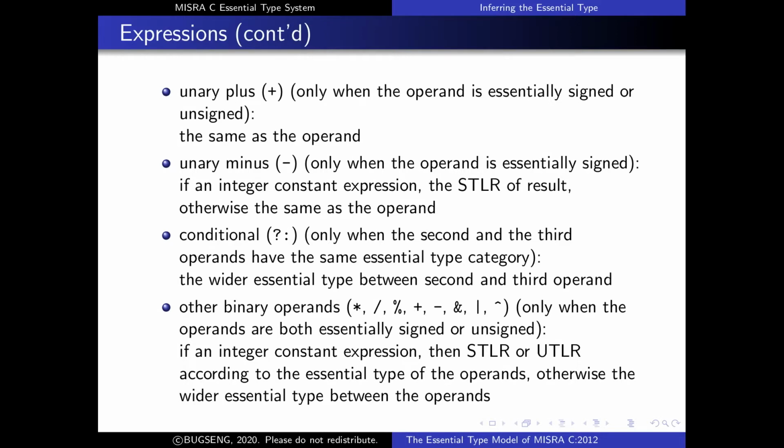For the conditional operator, the requirement is that the second and the third operands have the same essential type category, and then the essential type category of the result is the wider essential type between the second and the third argument. For the other binary operators, only when the operands are both essentially signed or unsigned, if the result is an integer constant expression, then the STLR or UTLR, according to the essential type of the operands, and otherwise you take the wider essential type between the operands.